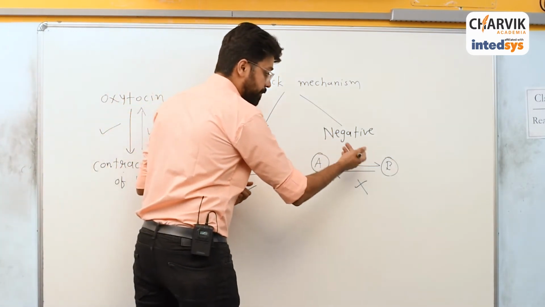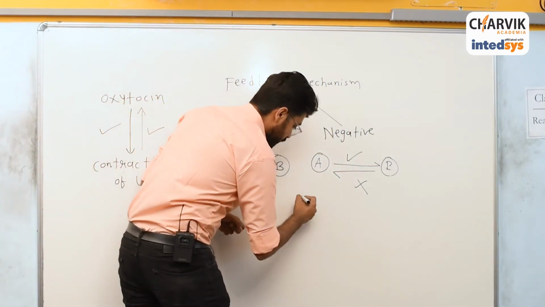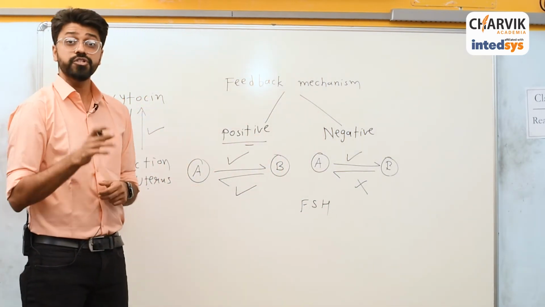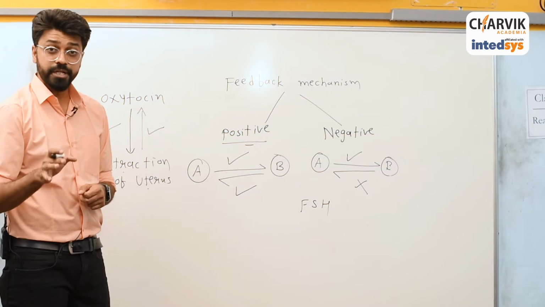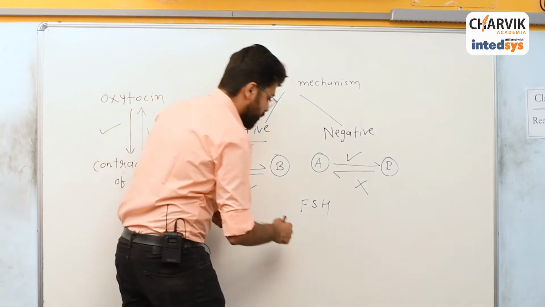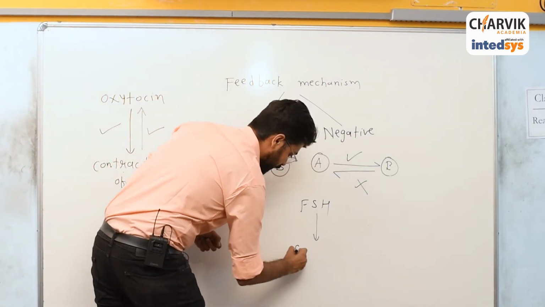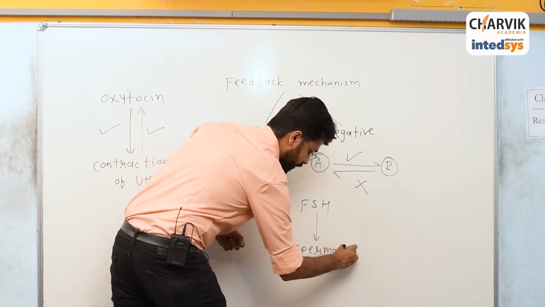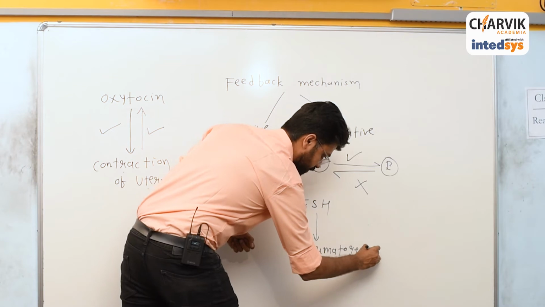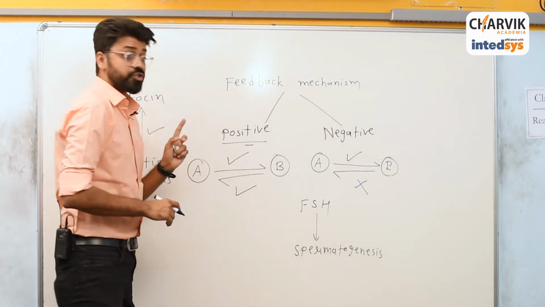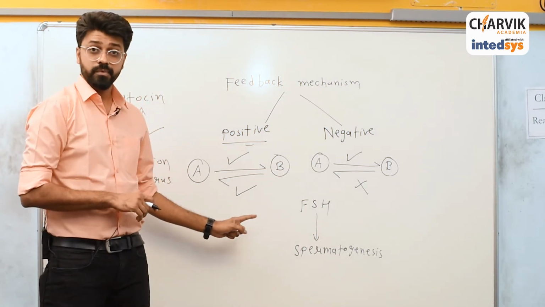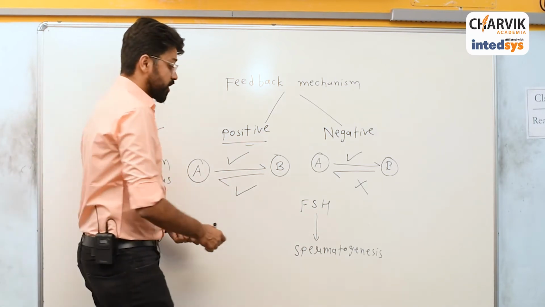Now let's take an example of negative feedback. Let's say here is another hormone, FSH, follicle stimulating hormone, which is secreted by the anterior pituitary gland. This follicle stimulating hormone promotes synthesis of sperm. Synthesis of sperm is termed spermatogenesis. So FSH is promoting spermatogenesis.